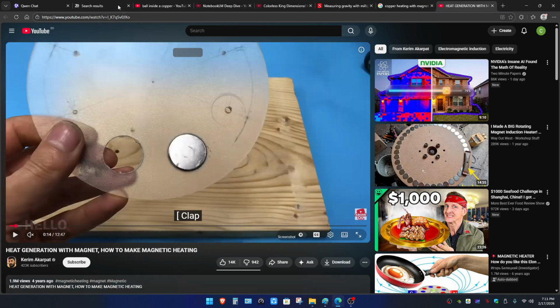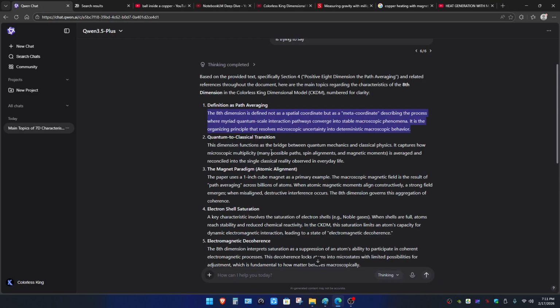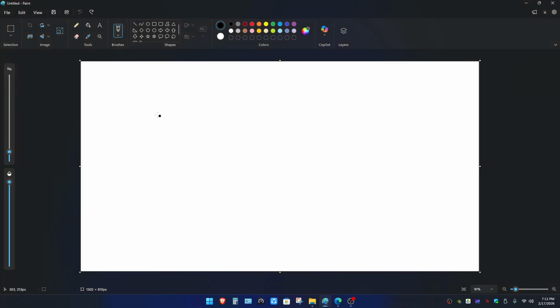Okay, now let's move on to the second topic, which is quantum to classical transition. Okay, I already explained this. Okay, the magnet paradigm. So here is the thing, I already explained this, but imagine you have a 1 inch cube magnet.